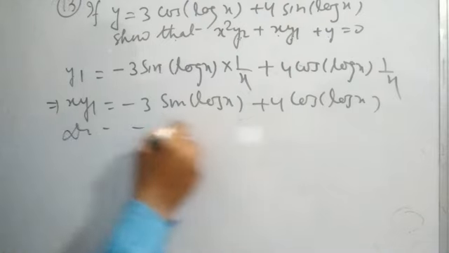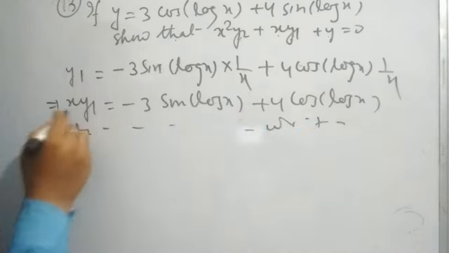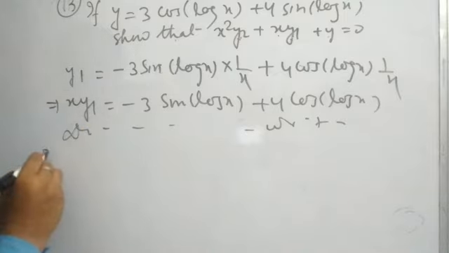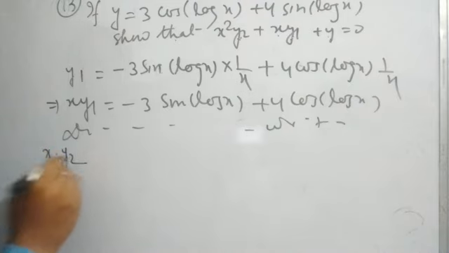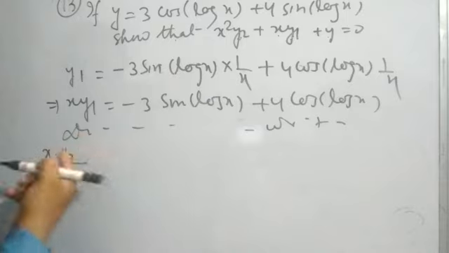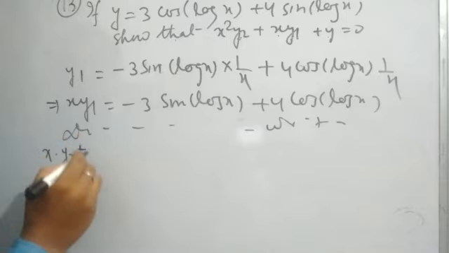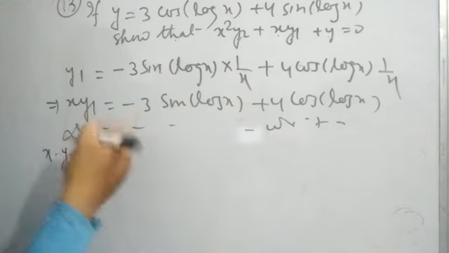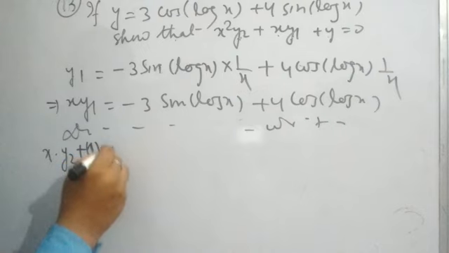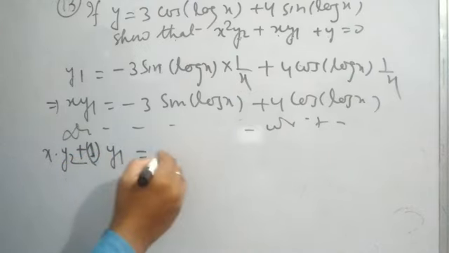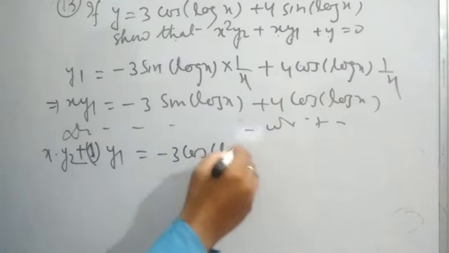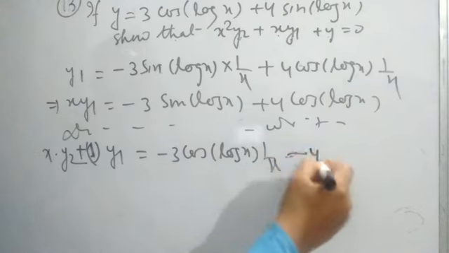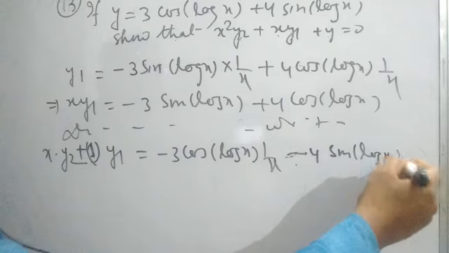Again differentiate both sides with respect to x. On the LHS it is the product rule: x is constant and y1's derivative is y2, then x's derivative is 1 and y1 is constant. On the RHS, minus 3 cos log x into 1 by x, and minus 4 sin log x into 1 by x.